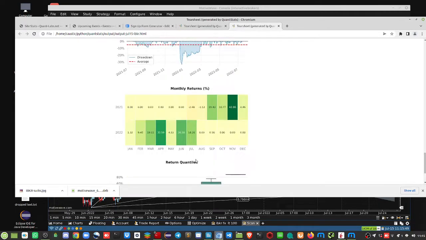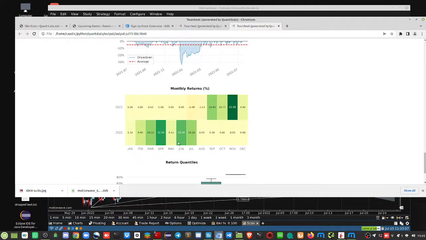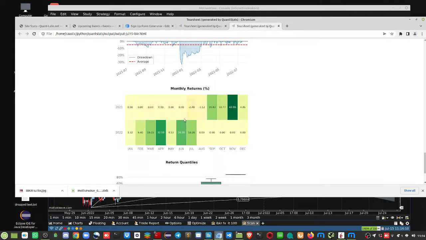Same time period, a similar monthly return for July, about 18%. June was 26% for Interactive Brokers, and yet June in Oanda was only 11%. So last month, this trading basket for Interactive Brokers was much higher.